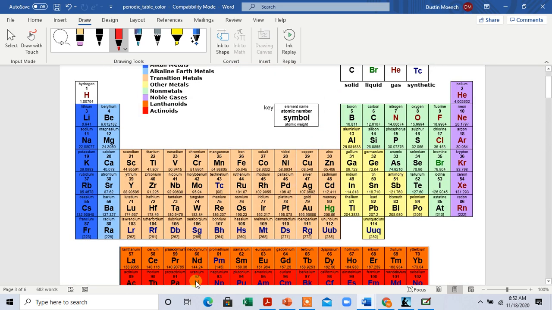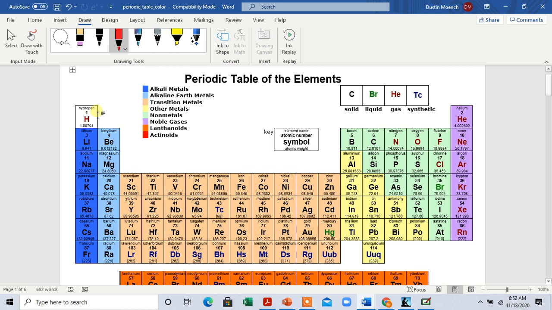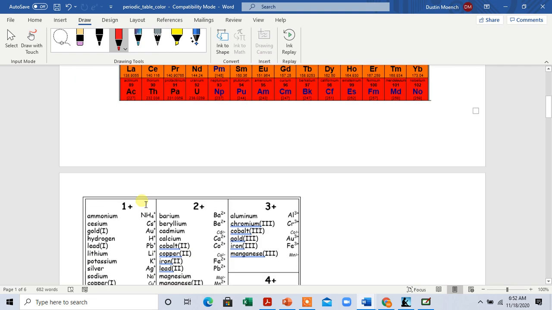Well, remember in the periodic table there's that trend of charges: +1 for this column, +2 for this column, +3, plus or -4 here, -3, -2, -1, 0. So magnesium is right here in the +2 column.